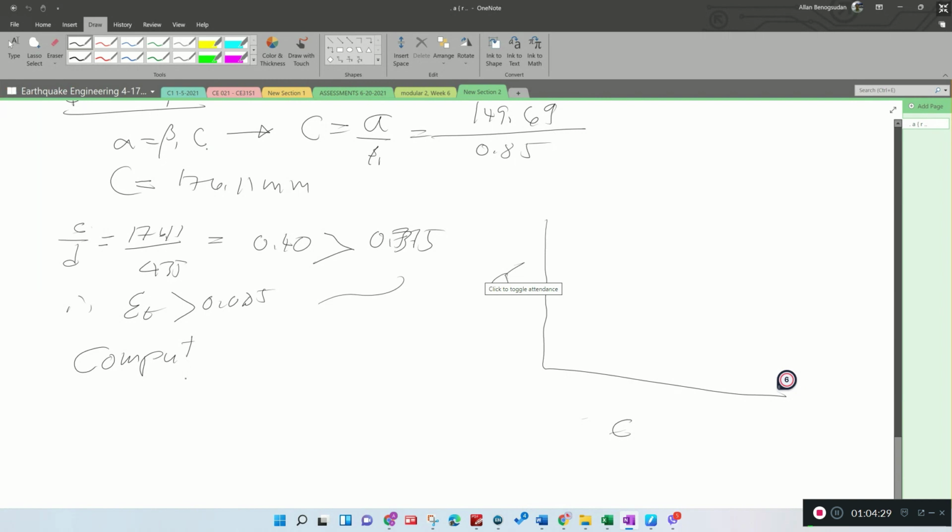Compute the corresponding net, I'll just put it for the benefit of others who are really listening. Compute for the corresponding net tensile strain.